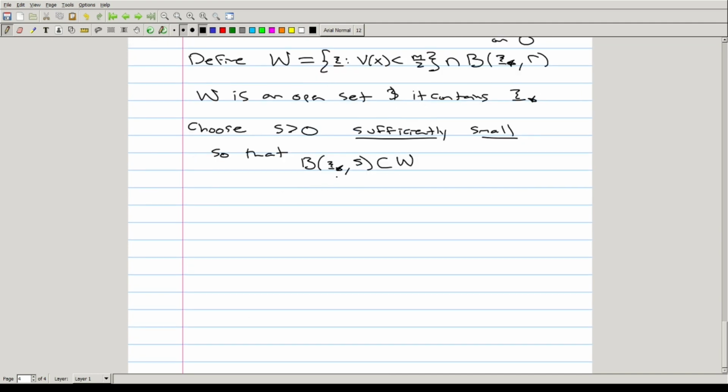That guarantees that this is an open ball entirely contained in W.